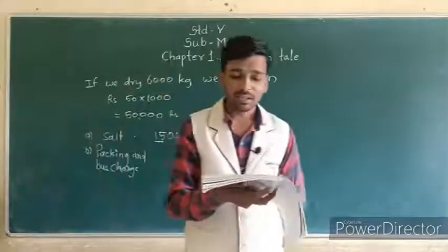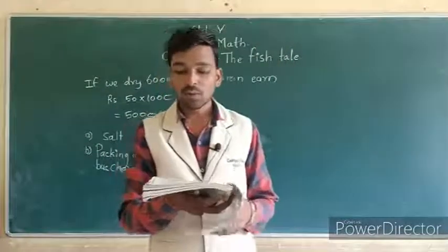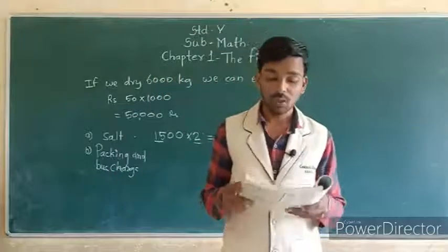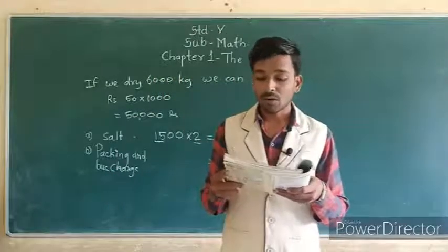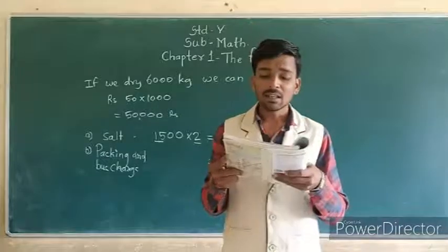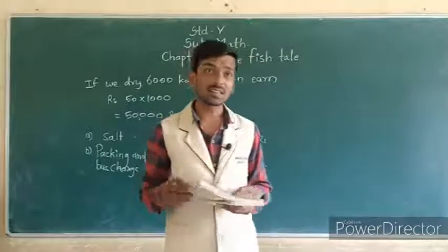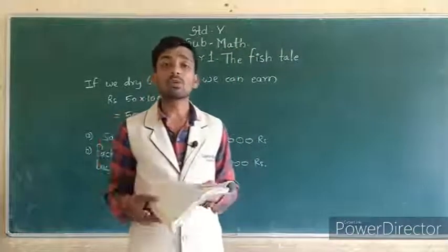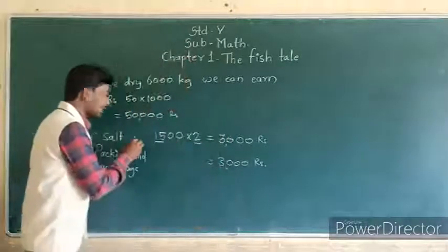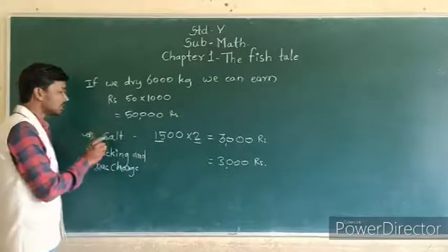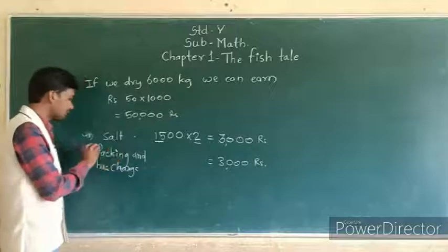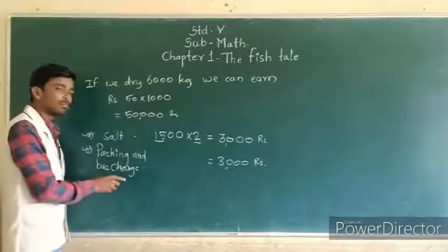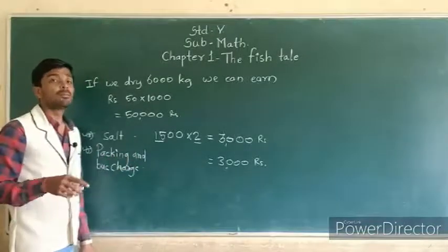So next, the total monthly cost for drying and selling the fresh fish, that is what we have to find. In that cost, first they pay for salt, and second they pay for packing and bus charge. These two they pay monthly.